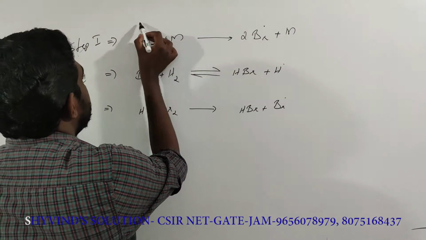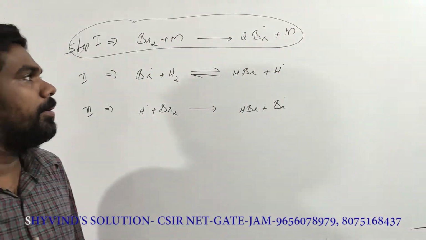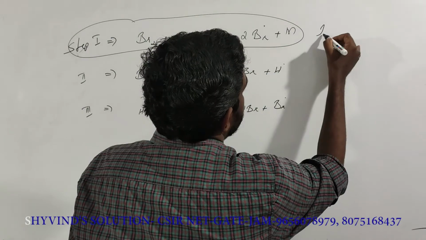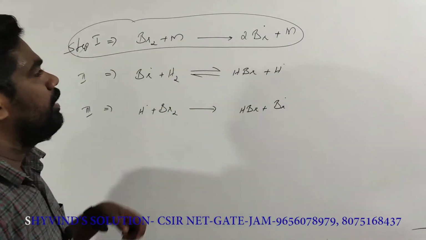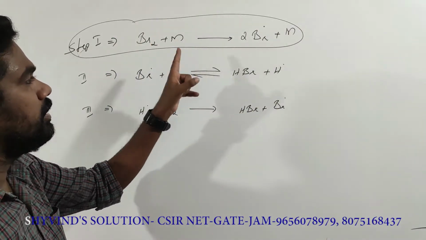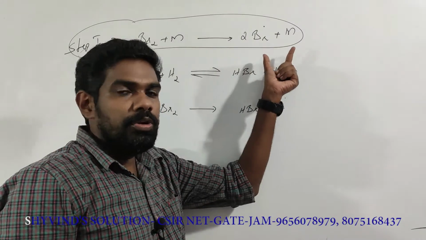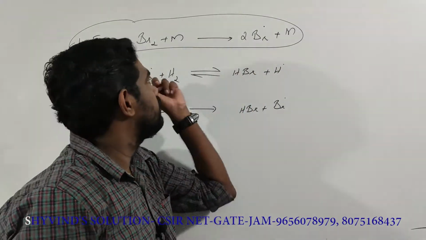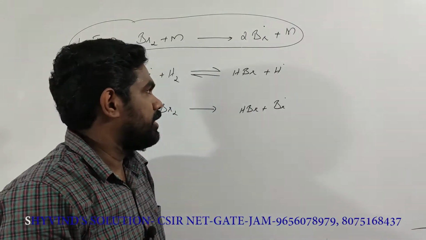This is the chain free radical initiation step. First step is chain initiation, because during the first step one of the molecules should convert to a free radical. Here bromine is converted to a free radical. This is the chain initiation step.